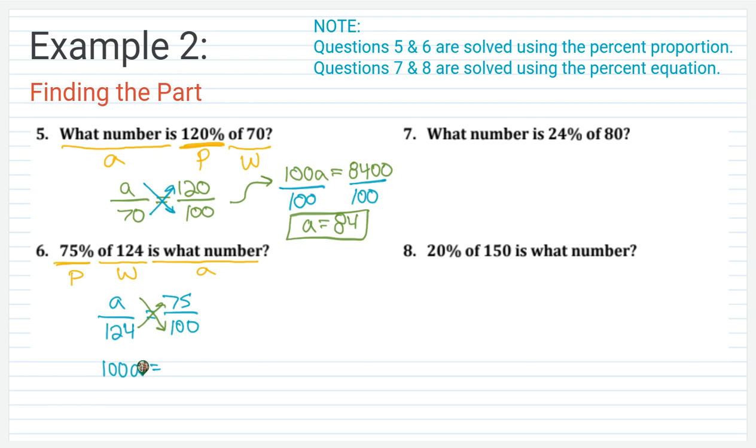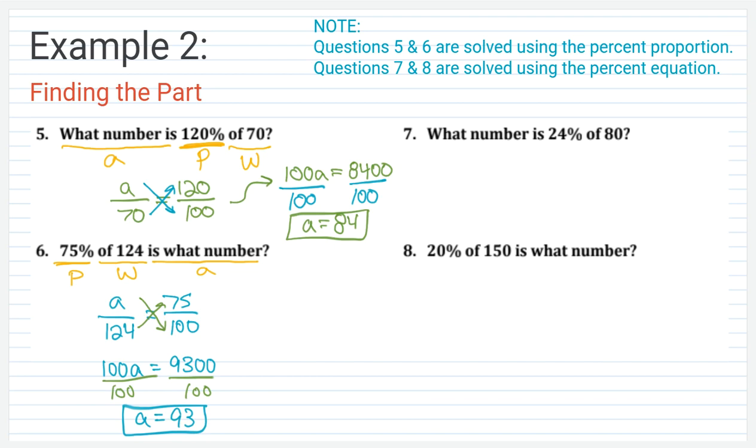And then 75 times 124 is going to give us 9,300. And then to solve this, we're going to divide both sides by 100. And we end up with a final answer of 93.